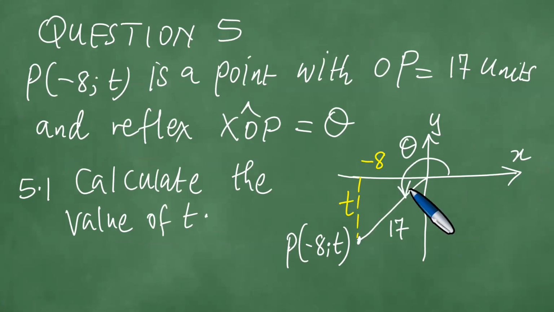And if this is the angle theta, then how do you find cosine? Because you already know t, and we found t to be minus 15.